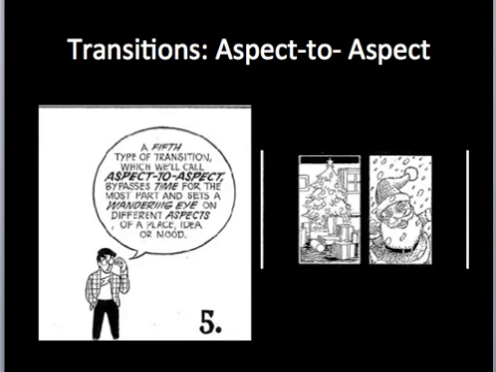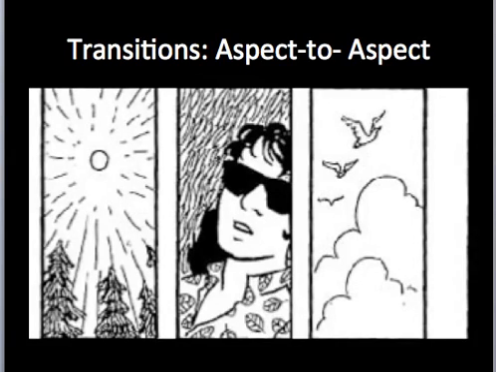So, transitions aspect to aspect. It passes time for the most part and sets a wandering eye on different aspects of a place or idea. The first thing we see is a Christmas tree, and then we see Santa Claus, so it's giving us a setting. Here's another aspect to aspect.